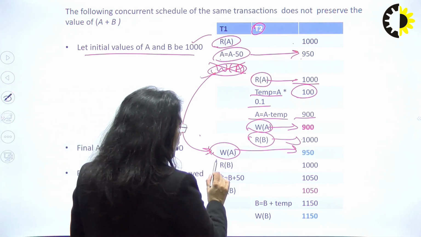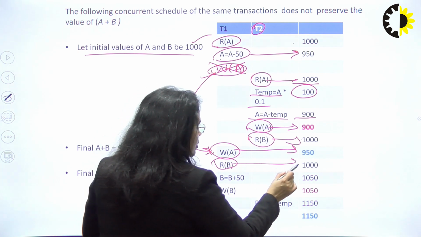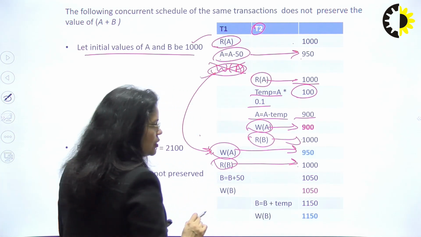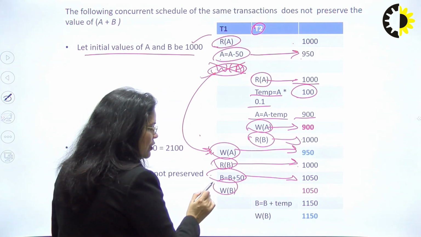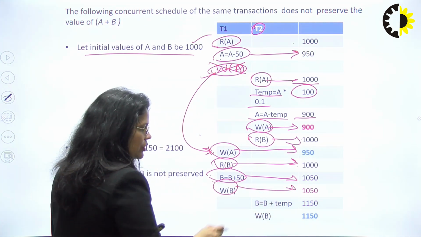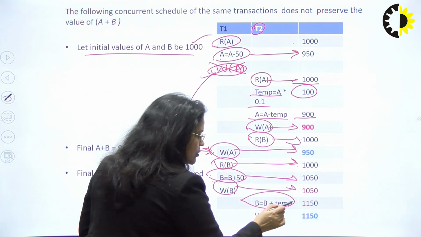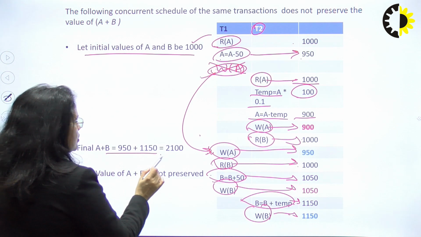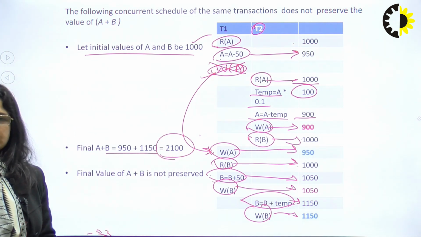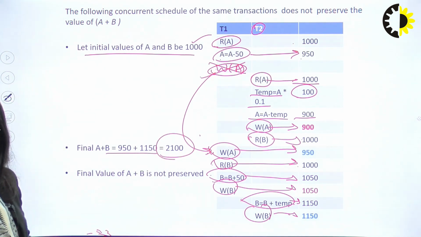But here, due to this operation misplacing, all the statements become inconsistent. Now account A is writing this, reading this. This is 1000. Now after the update it is 1050. We have written this, it is 1050. Now temp is added in this one. We are writing this. Now if we add this, we are getting an inconsistent result.